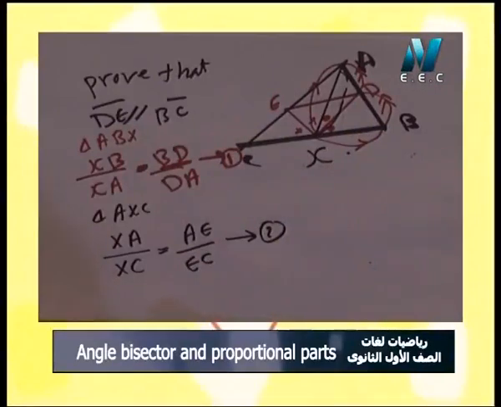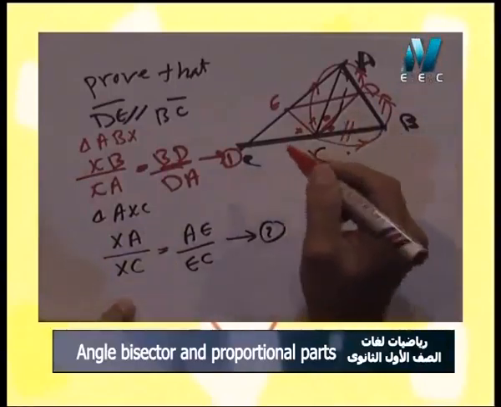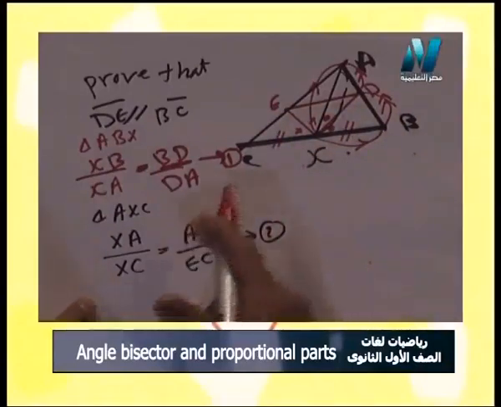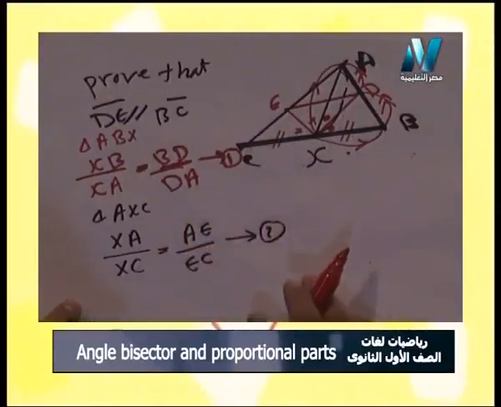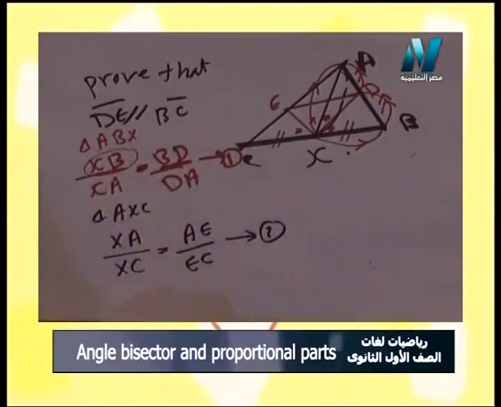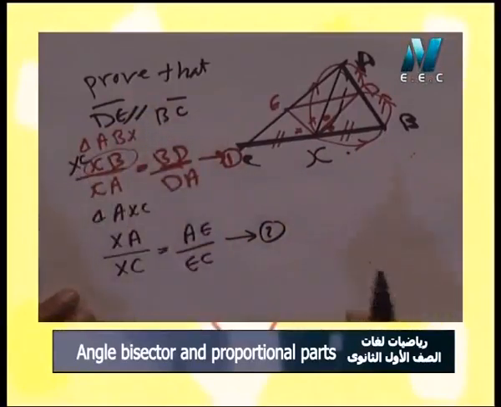Pay attention to an important given. It gives us that XB equals the length of XC. So we can replace XB by XC, and AX is the same.